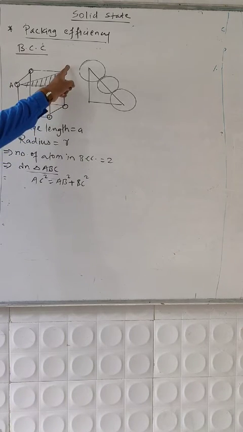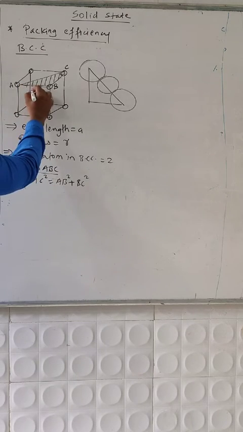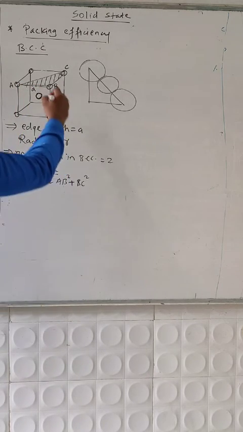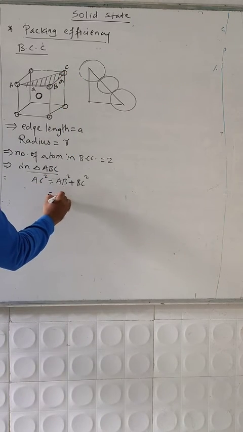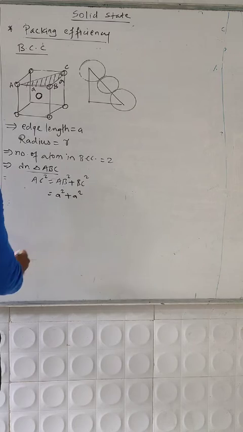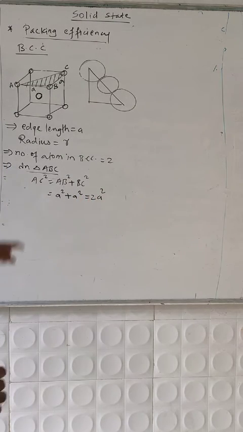What is AB? That is edge length a. What is BC? That is edge length a. So here a square plus a square is equal to 2a square.